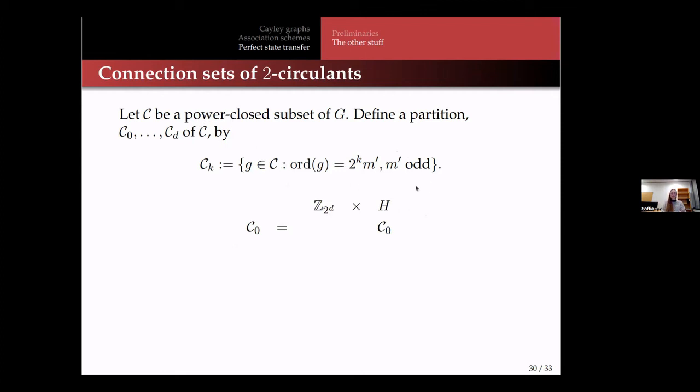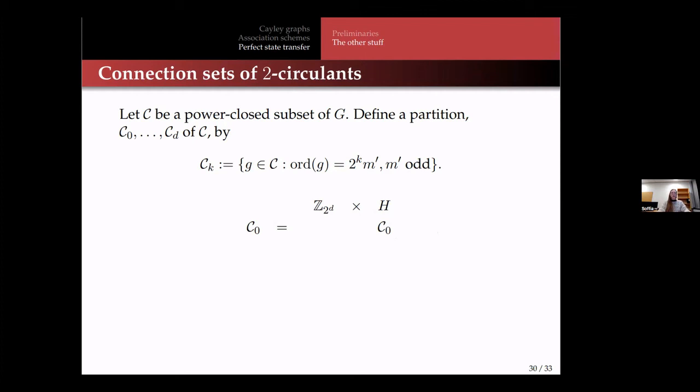I've written out a little table here. We have our group, which is the direct product of these two groups, and C0 is a set of elements of odd order, which means that it's a subset of H. H is the subgroup of G which contains all the elements of odd order. So our C0 is going to be contained in H.